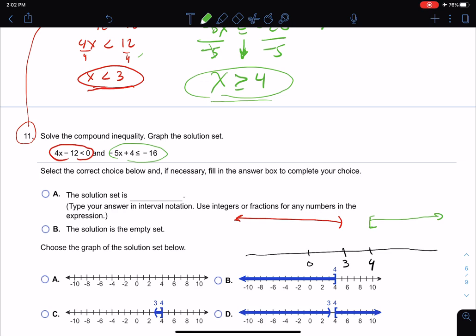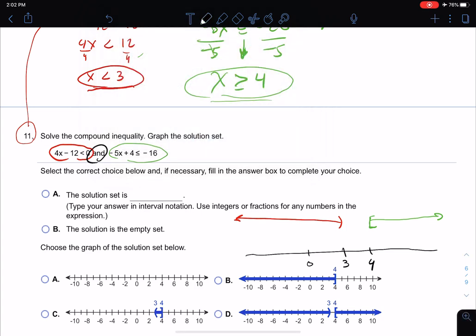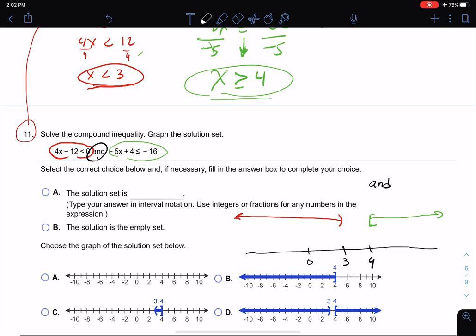This problem said and. Okay, we got a big problem here. And means the intersection. So where do these two graphs intersect or overlap? They don't. So therefore, the answer is the empty set or no solution.